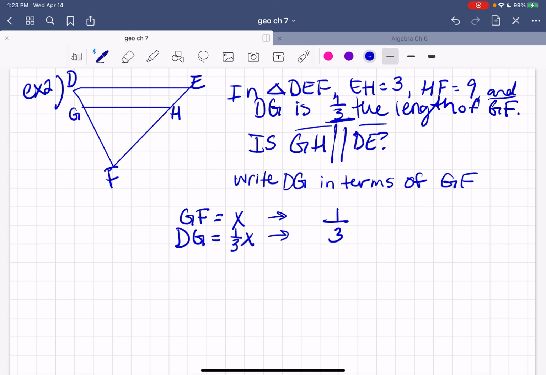So we're just going to put 1/3 as the ratio for the scale factor, and then we know that it has to be proportional to EH and HF. And if this works, then it is parallel. So then we have 3/9, and yep, that's going to be the same thing as 1/3. So yes, they are parallel.